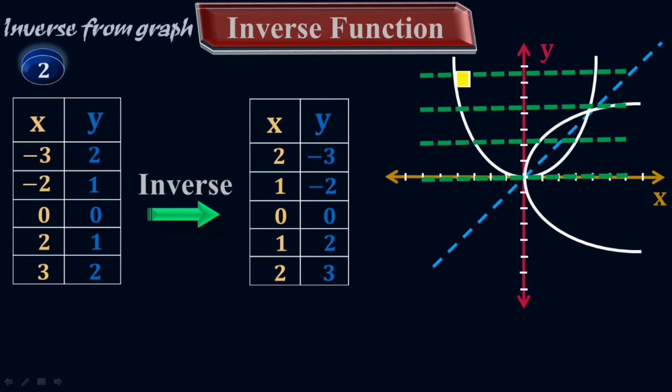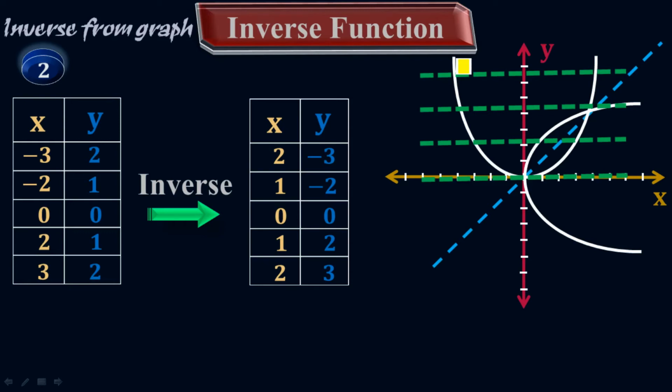All the horizontal lines touch the graph twice, more than once. This line touches it here and here, and it also touches here and here, which means that it has two inputs. It is not a one-to-one function. For a one-to-one function, the graph must pass the horizontal line test.